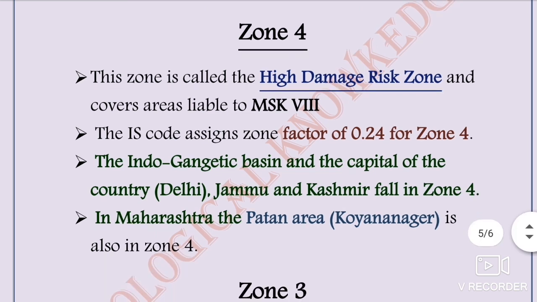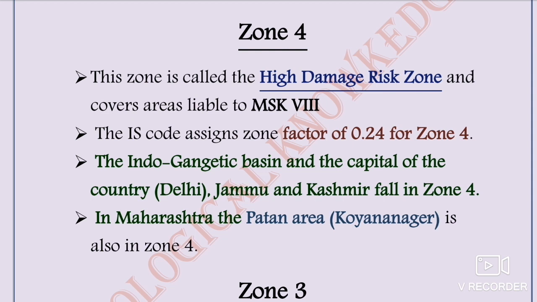And the Indo-Gangetic basin or Indo-Gangetic plain, the capital of the country, meaning Delhi, and Jammu and Kashmir fall in zone 4, okay. And in Maharashtra, the Patan area, that is Koyna Nagar, is also included in zone 4, okay.